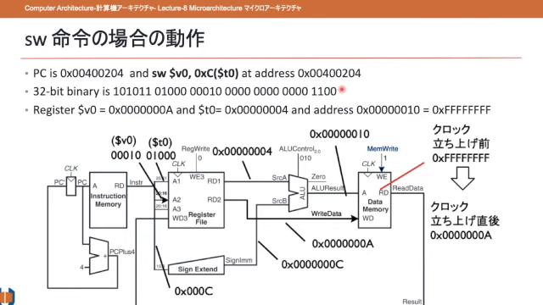And one more thing, since you are working with the store word instruction, you need to store the value contained in this register. So you must know what data the V0 register contains. Here I give you that suppose V0 contains this value 0000000A.